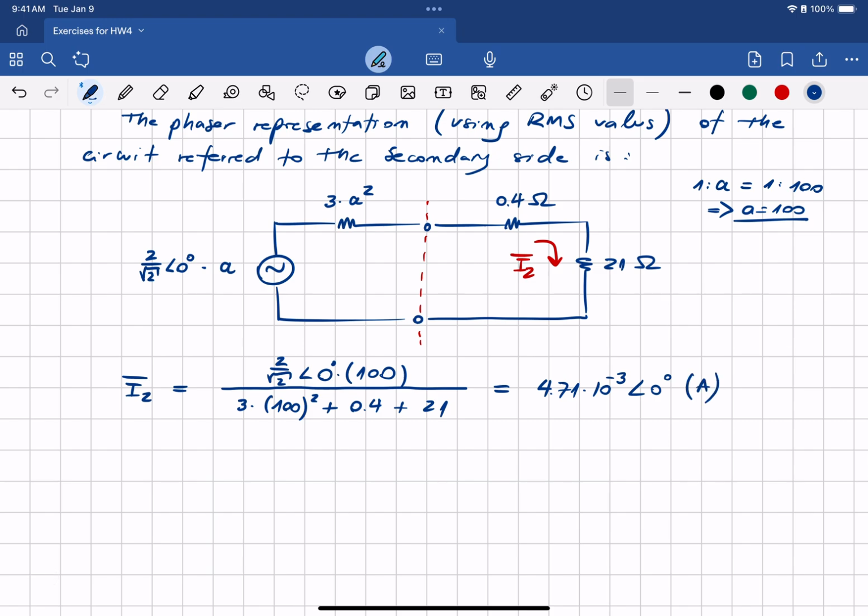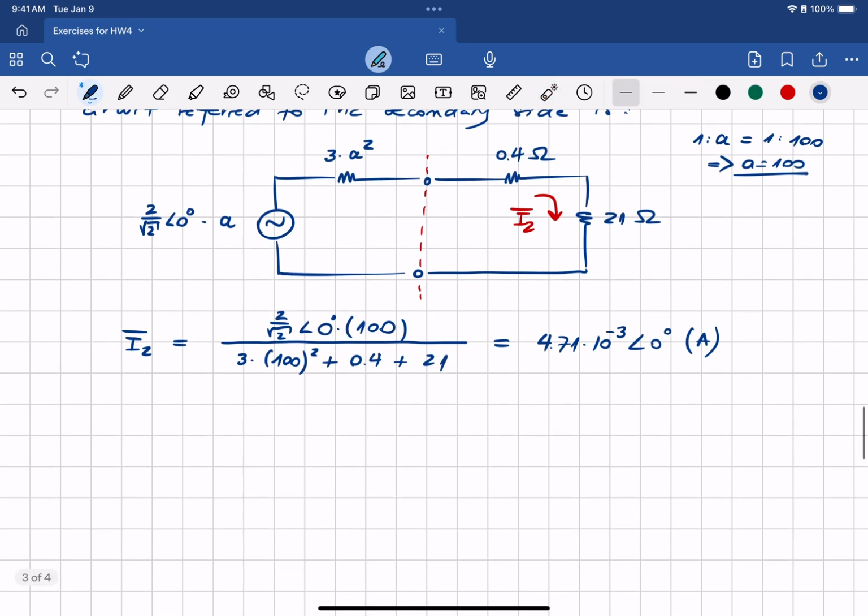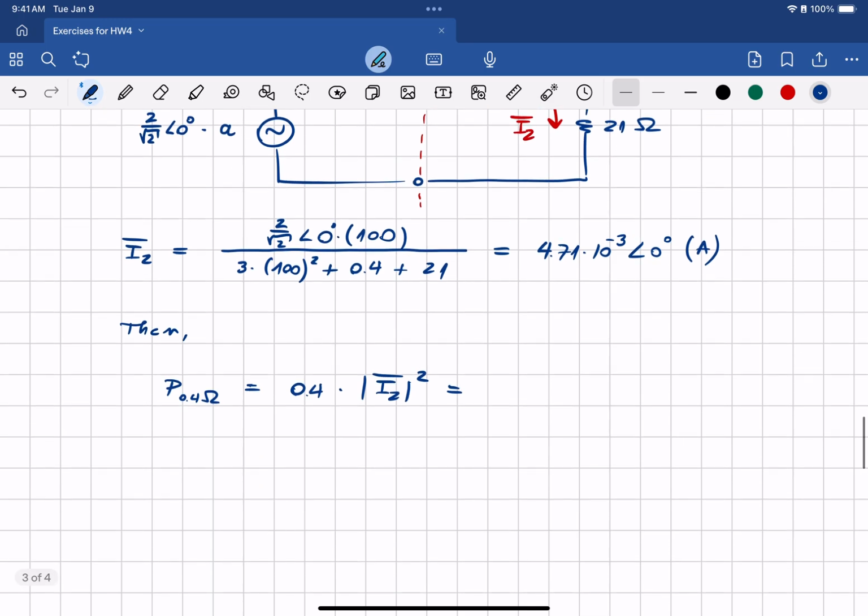Great. Once we have the current, calculating power is extremely easy. We have only resistors, so the impedances only have a real part. So we can go ahead and calculate power. P at the 0.4 ohms is simply 0.4 ohms multiplied by the modulus of I2 squared.